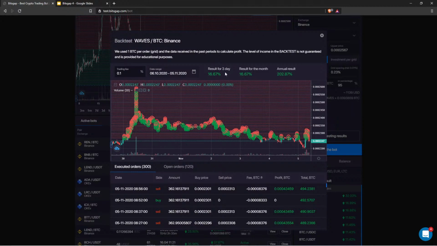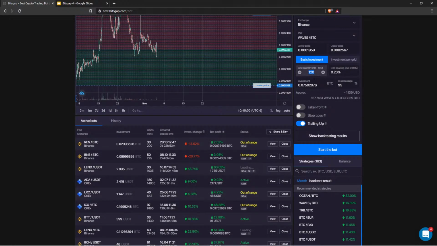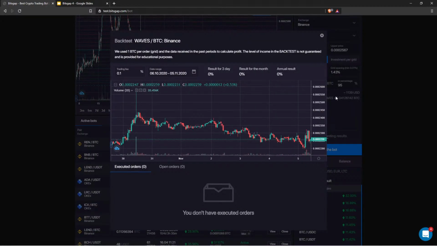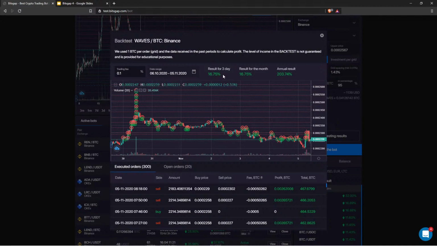So for the period of 30 days, the profit generated is 16%, and on an annual basis estimated, that's 200% exactly. All right, and that's with the amount of 120 grid levels. You can actually change it, let's say to 20 grid levels. And you will find a slightly different result, you see.